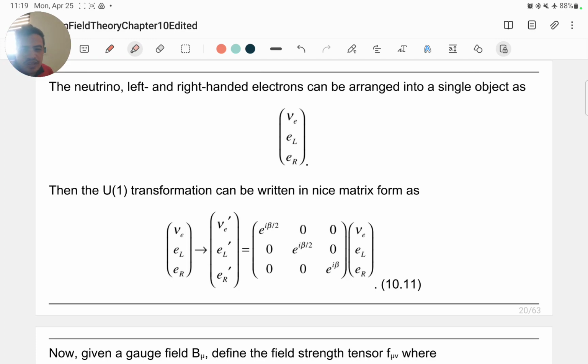So how do we transform this? You will have your column matrix written in this form, and then you will transform it into prime.